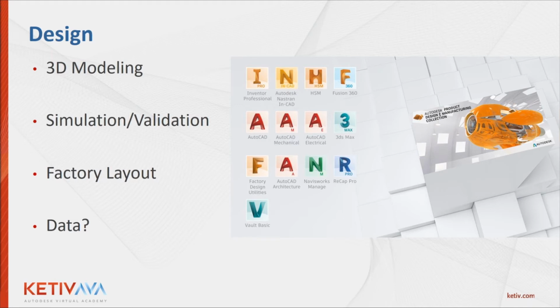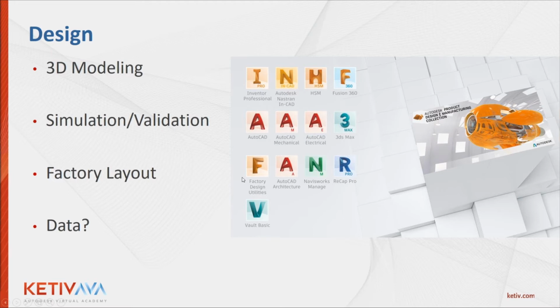Factory layouts, that's kind of bridging that gap between design and manufacturing. You need to make your products, or at least someone needs to make your products. And you want to be able to optimize the amount of product that you're making. And so factory design utilities, which is this big F here, these are tools that people in the collection do have and oftentimes aren't using.